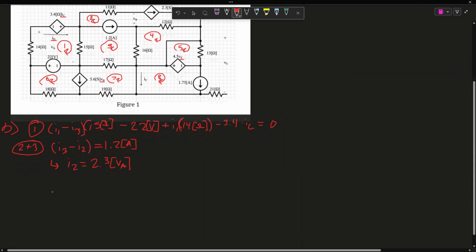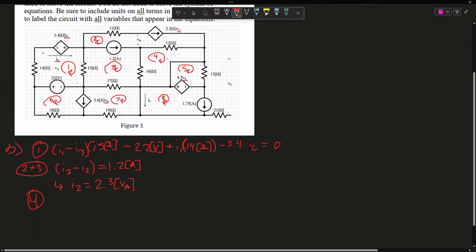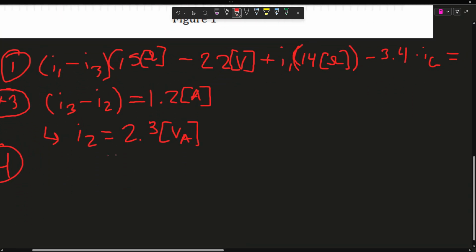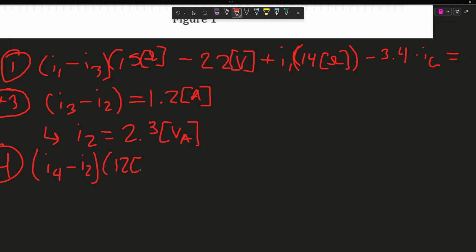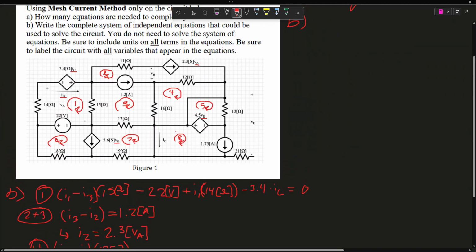Go ahead and do it the way we did it in number 1. So that is going to be I4 minus I2 times 12 ohm. And that's our KVL.